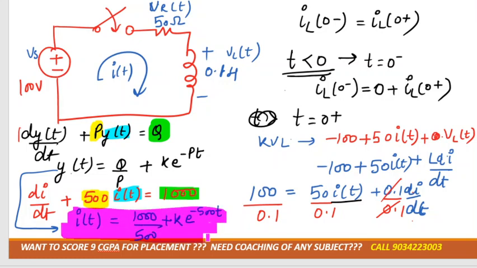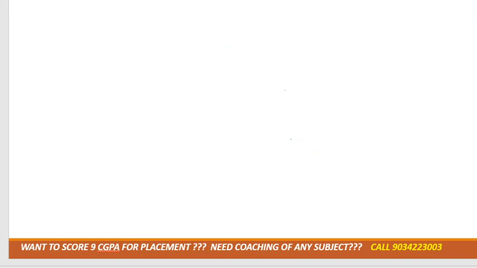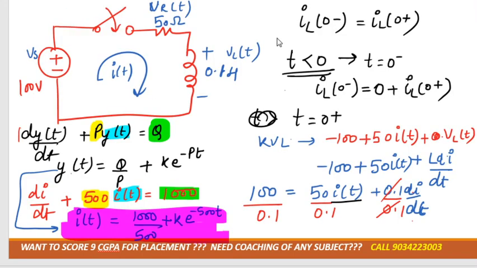So this is your current equation, that is I of t is equal to 2 plus k e raised power minus 500 t. This is for RL or RC? The question, same for homogeneous and non-homogeneous, same for RL and RC, okay.